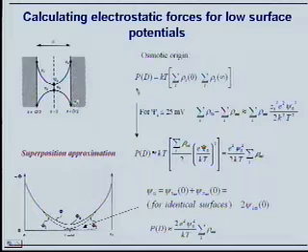Another formula which we derived last time is the relation between the pressure between the surfaces and the density of the ions in the midplane. Now, this is a little bit complex, so let's try to understand this formula.